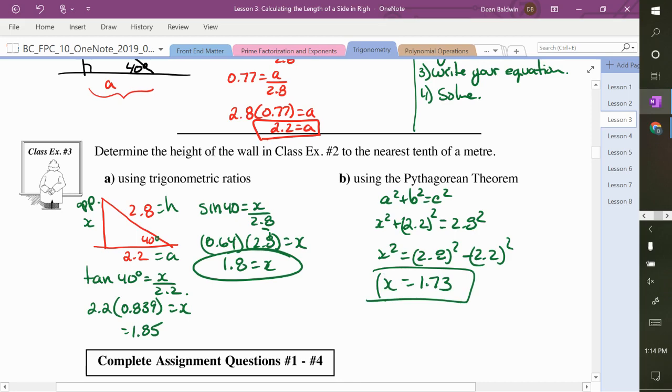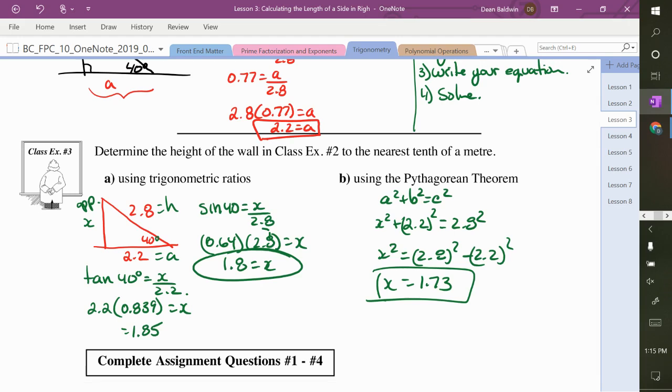All right, are we done? What is the Pythagorean Theorem answer? Right side of the class? Just say it. Anybody else? 1.7. 1.7? Is that what you got? No?